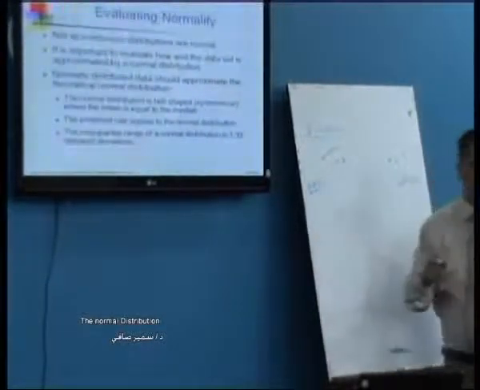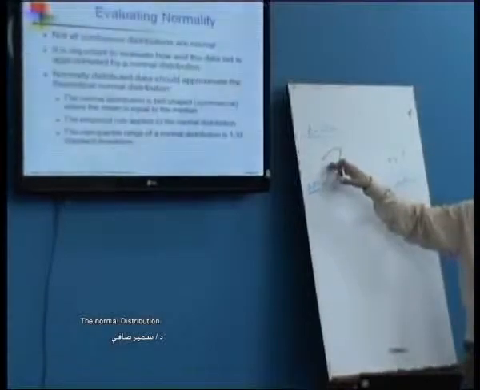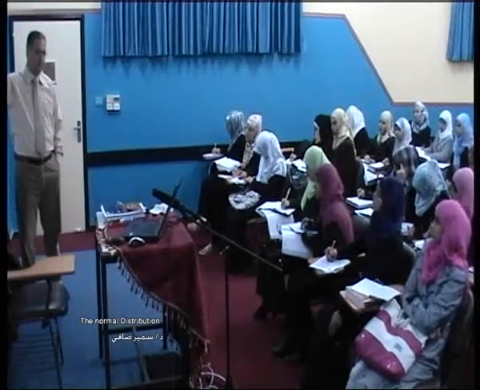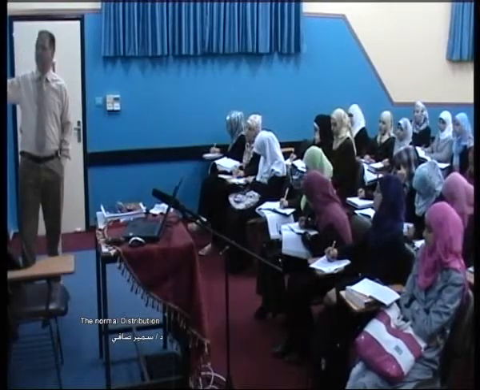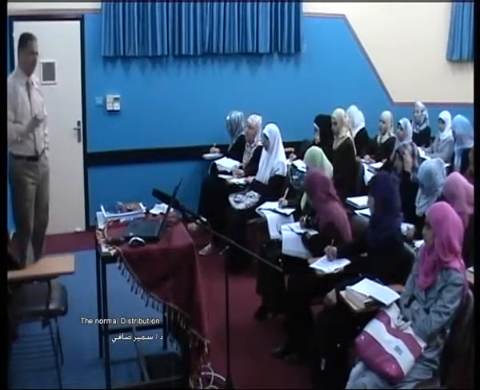So any data value smaller than minus 3 in z-score, or above plus 3, is considered to be an outlier.